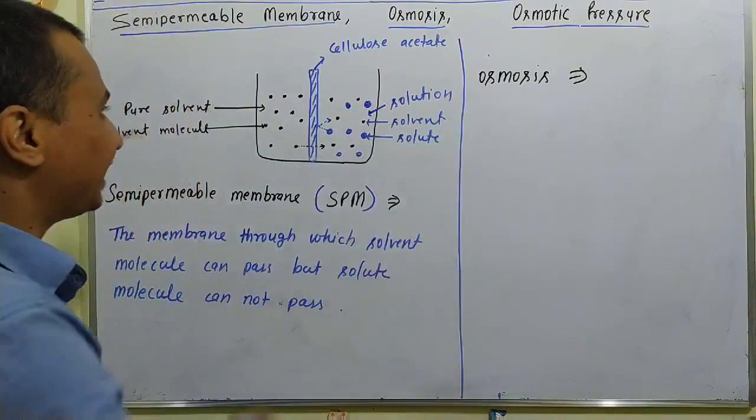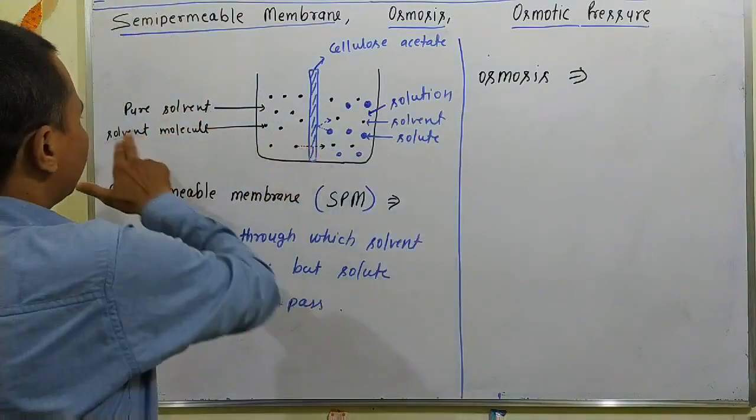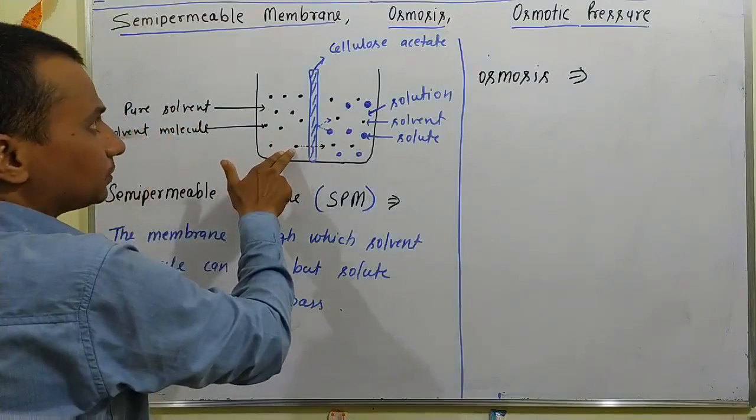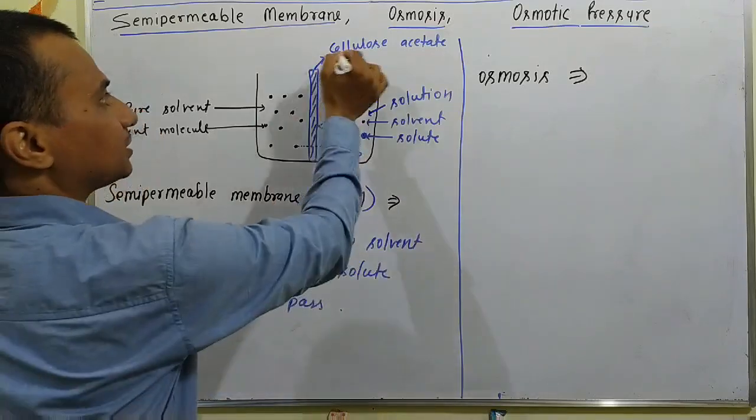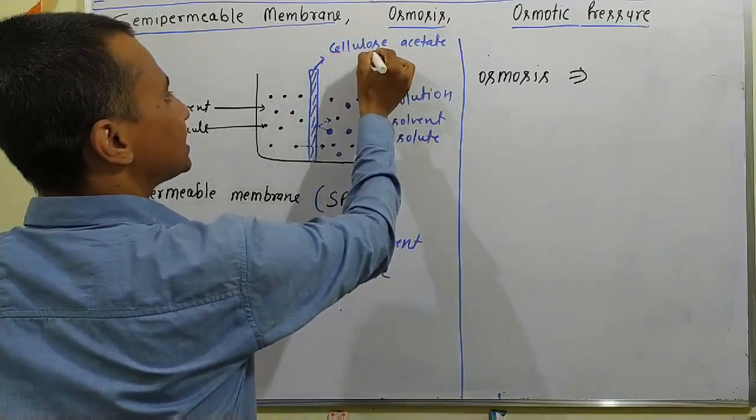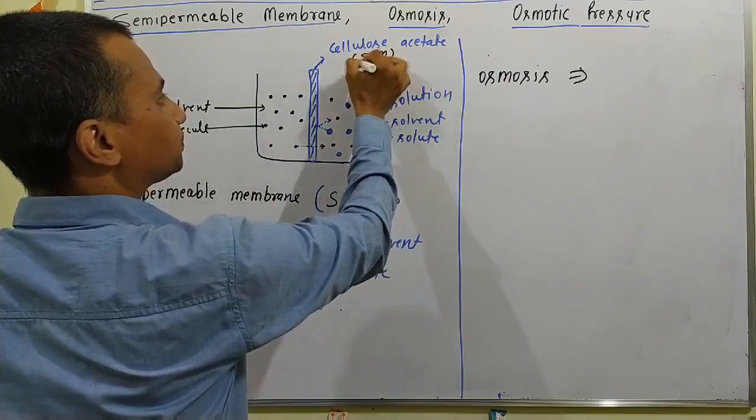But what is osmosis? Simply, we can define it as the movement of solvent molecules through semi-permeable membrane. This is your SPM.